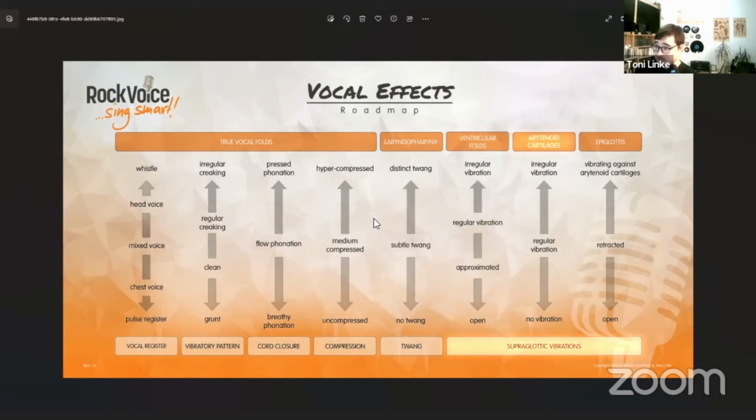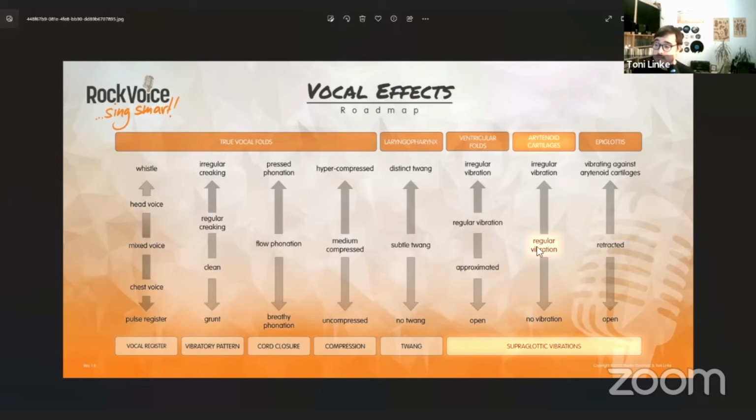The arytenoid cartilages, and we actually mean little bumps on top, they can either not vibrate, or they can vibrate regularly. You could hear kind of this pitch. It could be a bit lower too, like this. Or they could vibrate irregularly, and it's a bit hard to control that in isolation. But if we do that together with the true folds, so let's say, yes, that was a very good example.